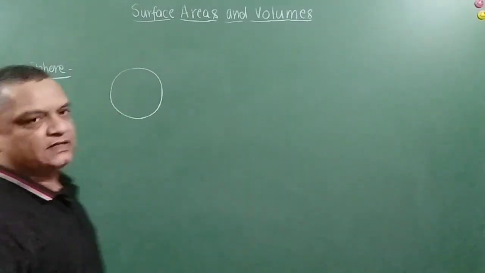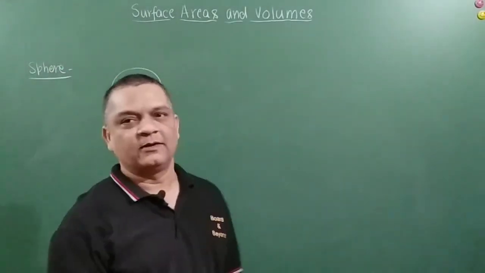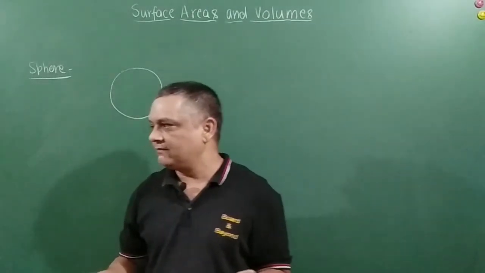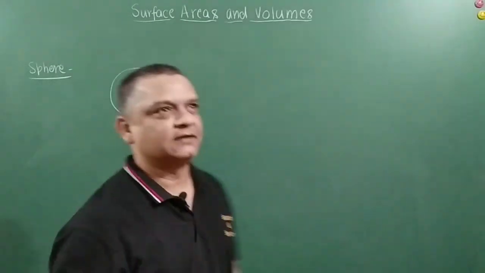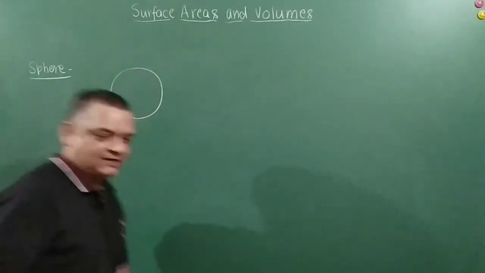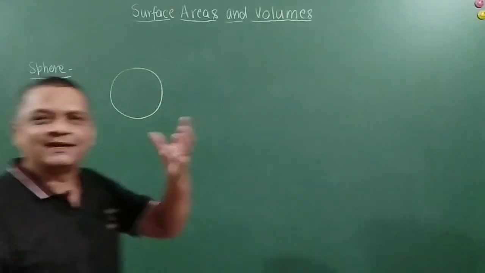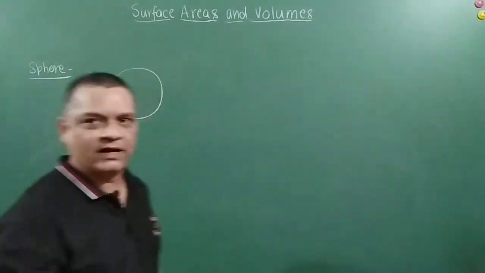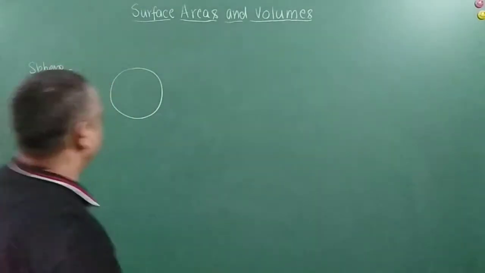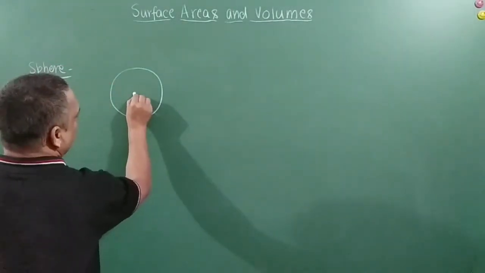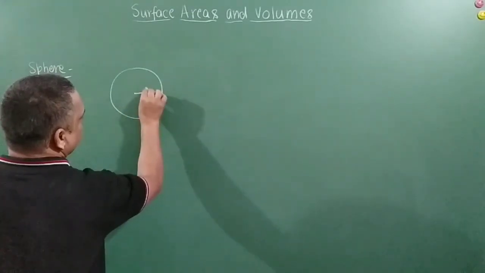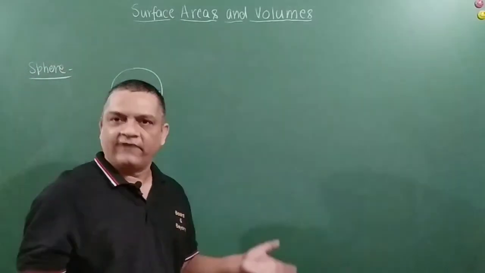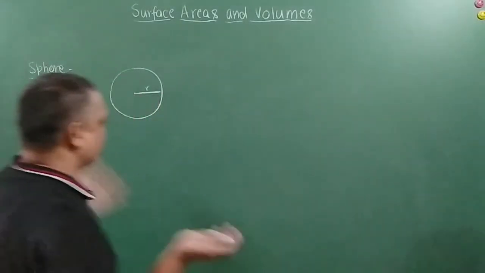You will have to imagine that this is a three-dimensional figure, because I will not be able to make one, nor do I have anything around to show you. Imagine a ball, a cricket ball or football, which is circular in shape and has a third dimension as well. Here the only dimension that can be given is r. There are no well-defined corners, so we cannot give length, breadth or height.